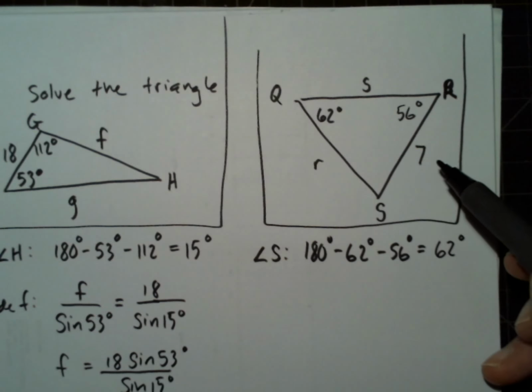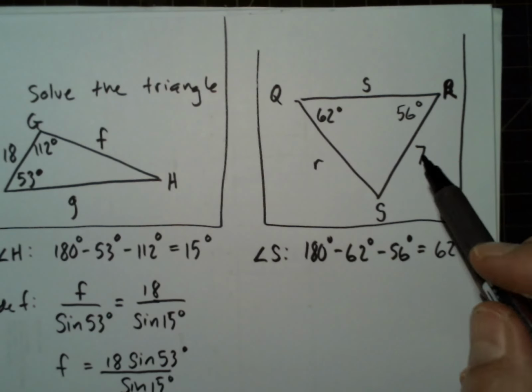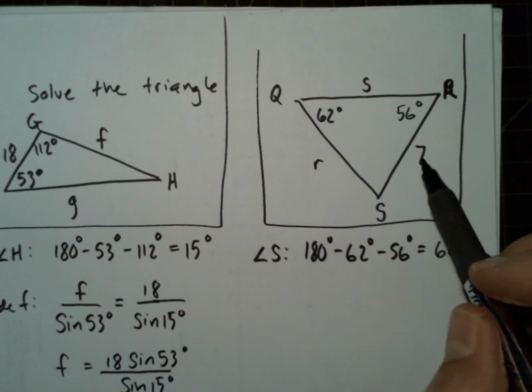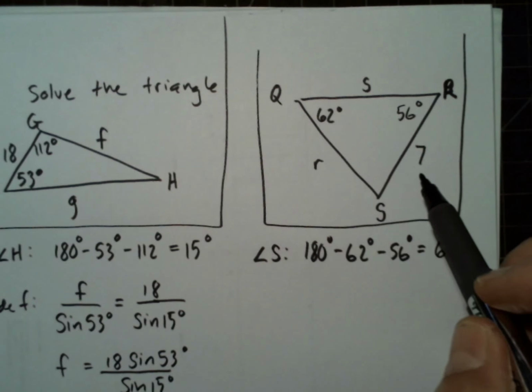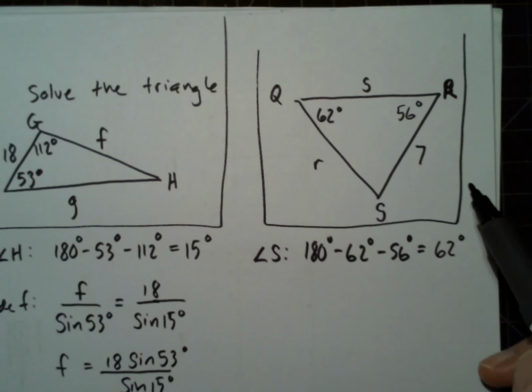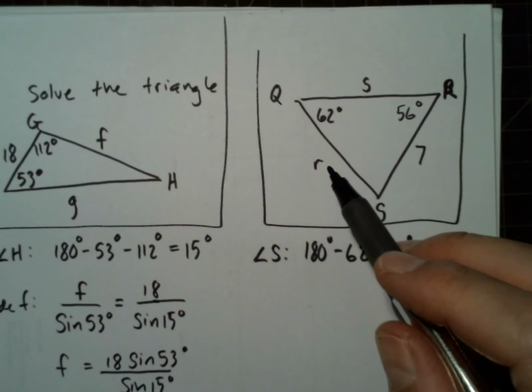And then we want to look for a pair of known opposites. So we have 62 and 7. Those are opposites, so we need to make sure we use that for law of sines. And then we can find a missing side.